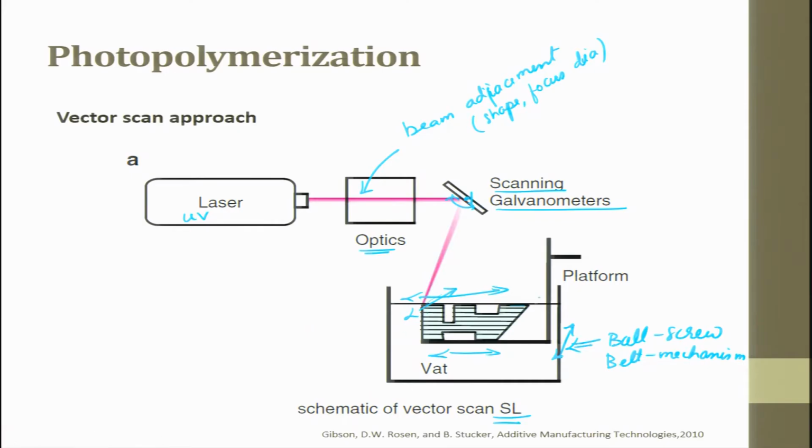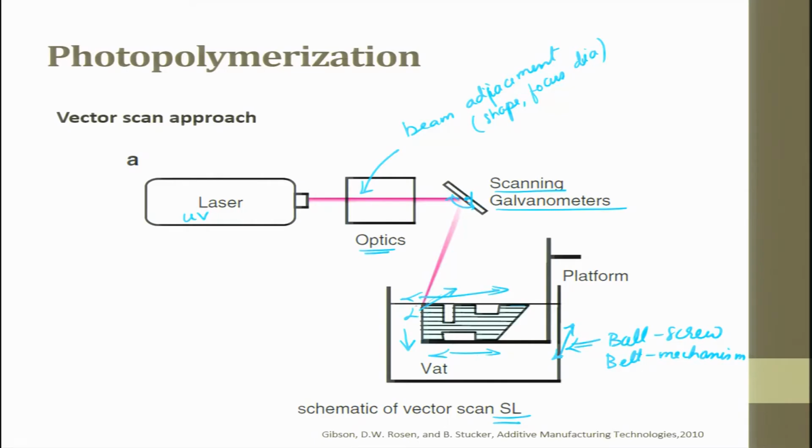Once a single layer is cured, the table is moved down by the required layer thickness, whatever layer thickness you have assigned, and it sinks down. Then fresh photopolymer fills on top of the cured object. Again the laser hits on top of it and starts curing it.